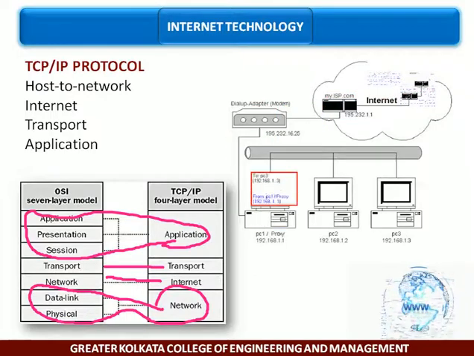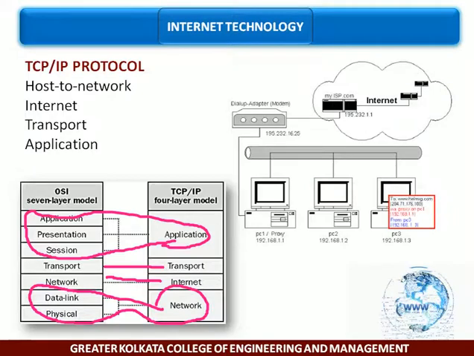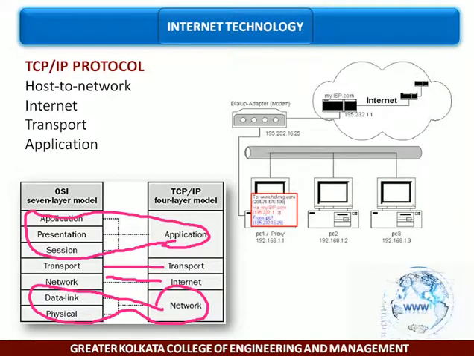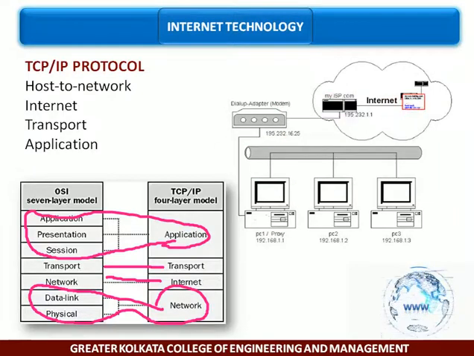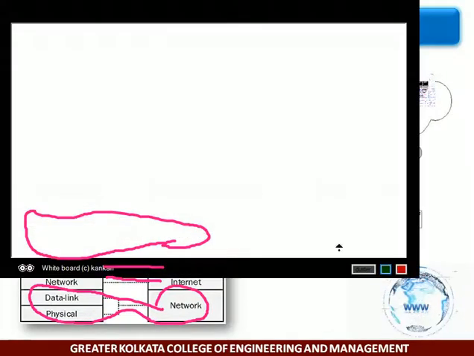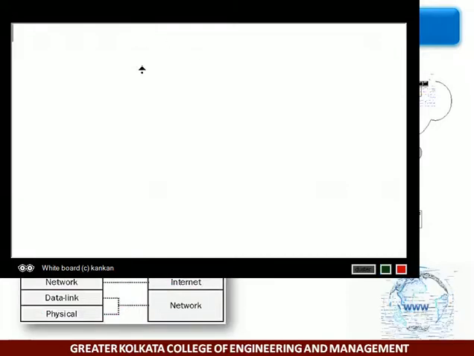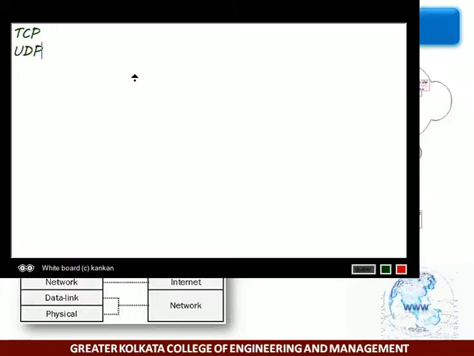At the transport layer, TCP/IP defines 3 protocols: transmission control protocol, that is TCP, user datagram protocol, that is UDP, and stream control transmission protocol, that is SCTP.